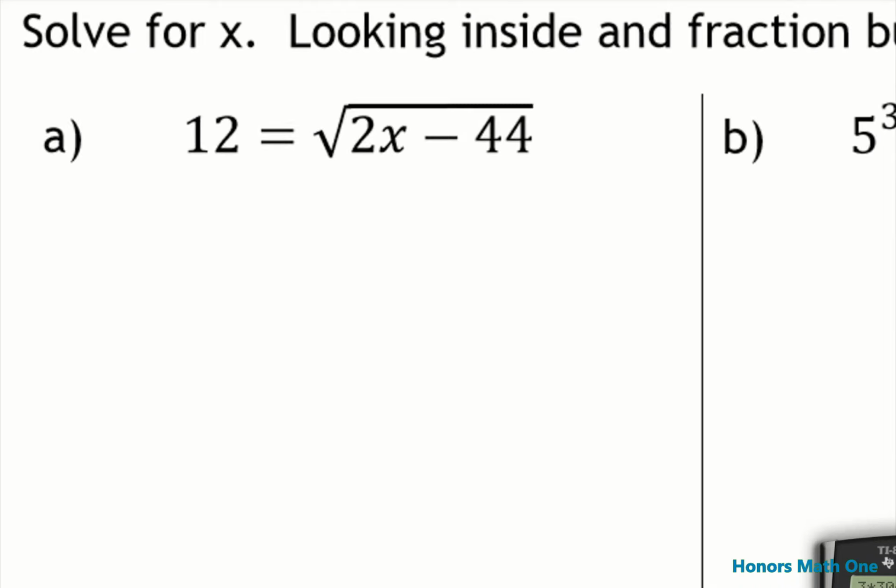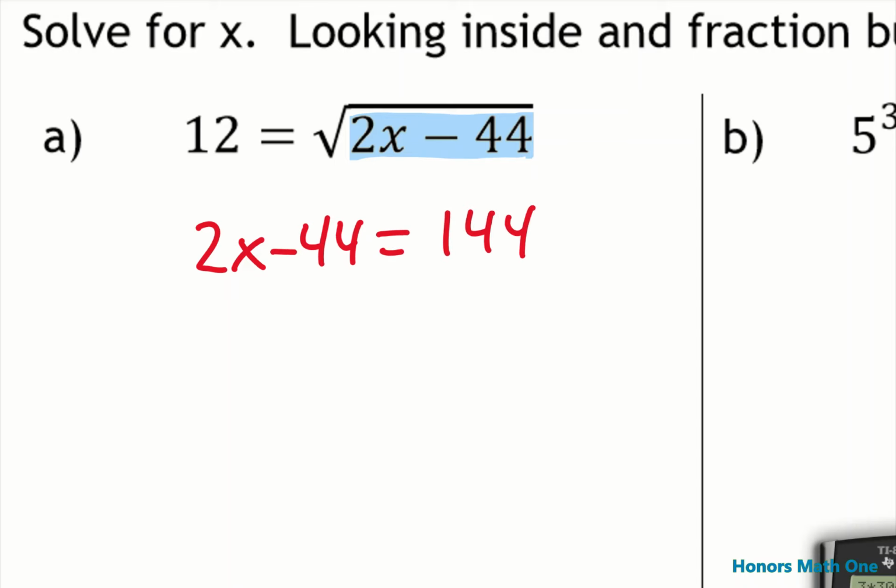the big idea that I want to communicate here is that I know it is the square root of 144 that produces an answer of 12. And if I'm not really proficient with knowing my square roots, if I take the number 12 and square it, I do get 144. So I know that this expression inside, which I've highlighted in blue, this expression 2x minus 44, has to equal 144.